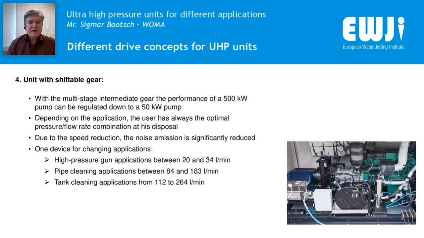And when you use the maximum power of the engine, you can use this unit for tank cleaning applications up to 264 liter per minute. So this drive concept is used up to 1,500 bar operating pressure and up to 264 liter per minute.